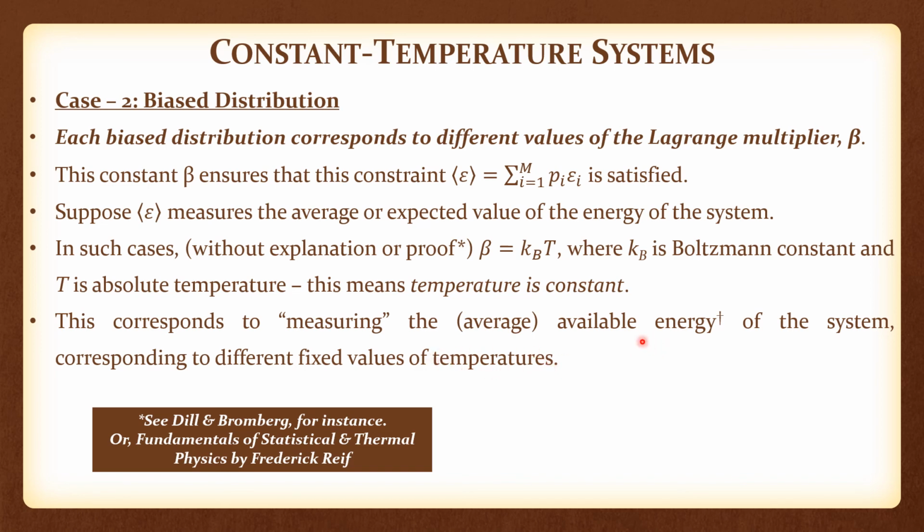Choose the temperature, you will get a different measured quantity of energy, the available energy, and that will correspond to maximizing the entropy. Choose a different fixed temperature, you are fixing the temperature, right? You will get a different measured value of the available energy. That will also maximize the entropy.